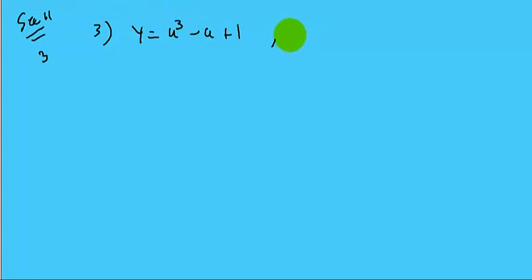And then they said u is equal to 1 minus x, all that over 1 plus x. And then they say calculate dy dx at x is equal to 0.